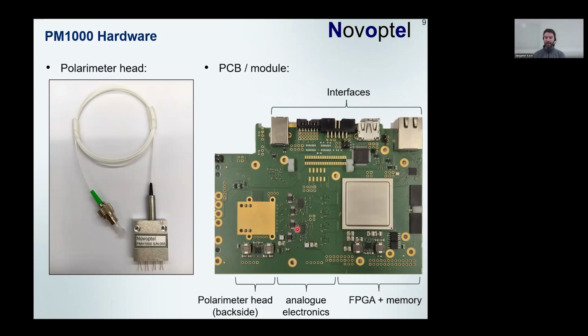Then here are the analog electronics for amplification. Then here are 4 ADCs. They are on the back side of the PCB, so we can't see them now. And then the signals go into the FPGA with attached memory as a buffer, so we can process them. And on the top, we have the interfaces to communicate and transmit the data to the outside world.